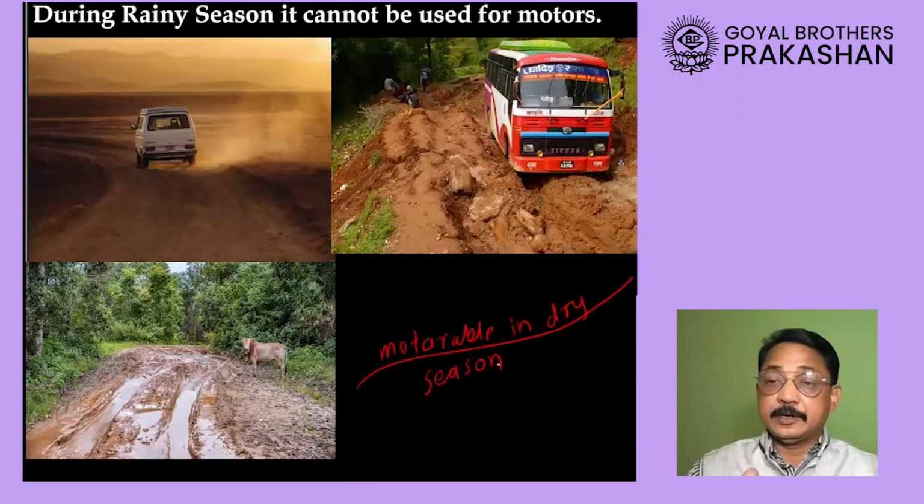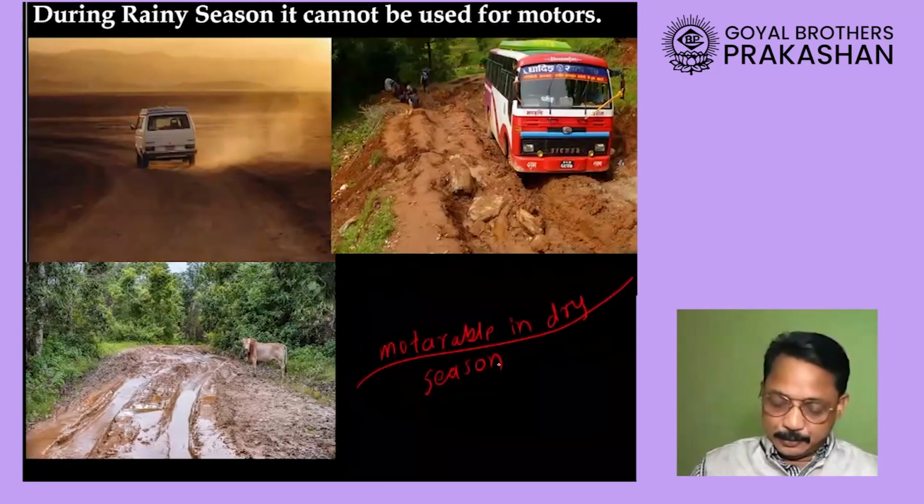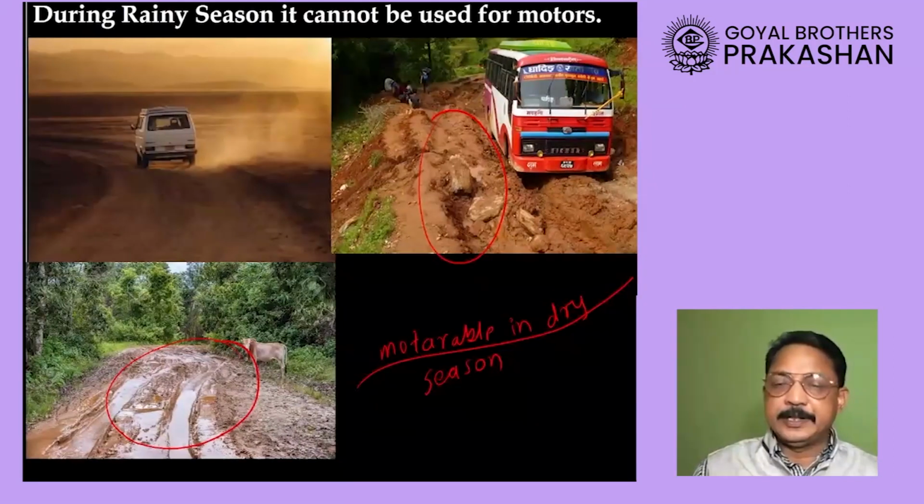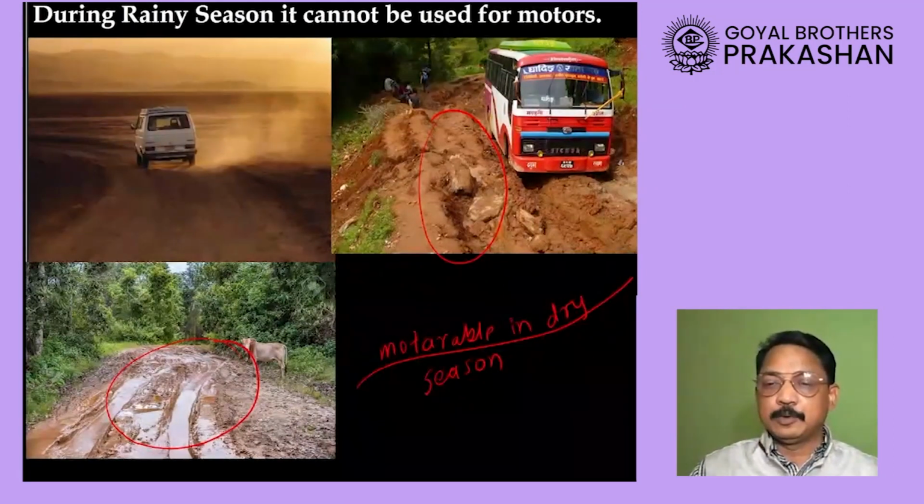That means during dry season, that means during winter and summer. However, this cart track will become muddy during rainy season. So it's shown over here. Then they become non-motorable during rainy season.